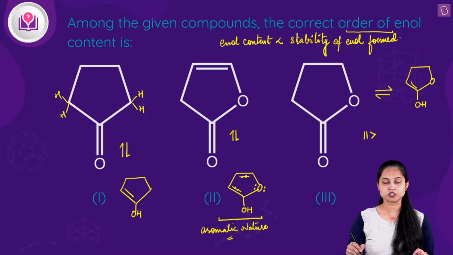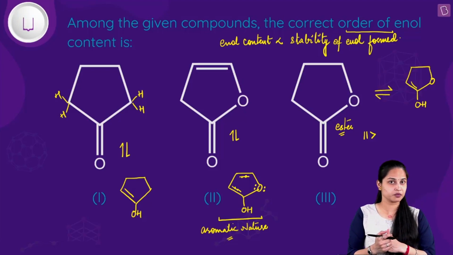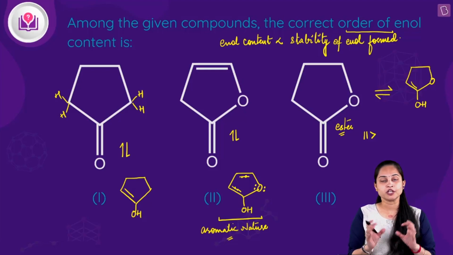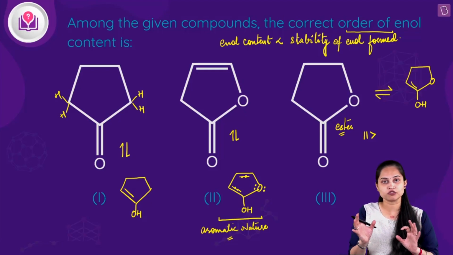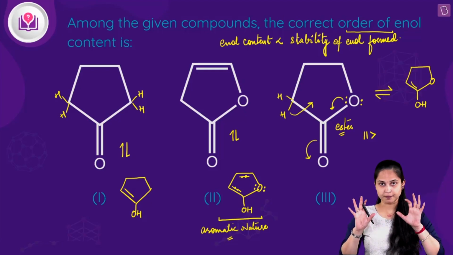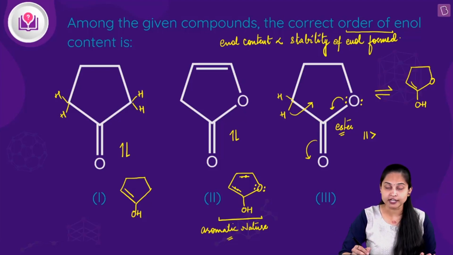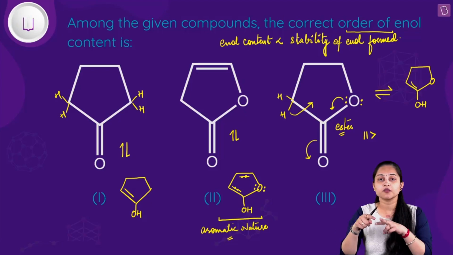Talking about option number 1 and option number 3. Basically, in option number 3, it is an ester. Ketoenol tautomerism generally is not exhibited by esters, reason being the cross conjugation that is going to take place. Just have a look, over here cross conjugation is going to take place between the lone pair of electrons present on the oxygen atom and the alpha hydrogen atom with the carbonyl group.